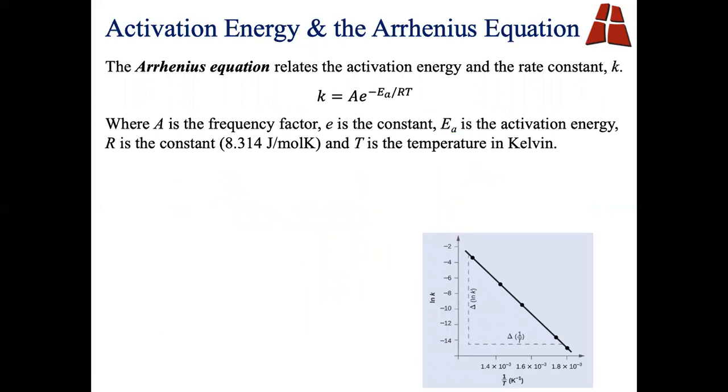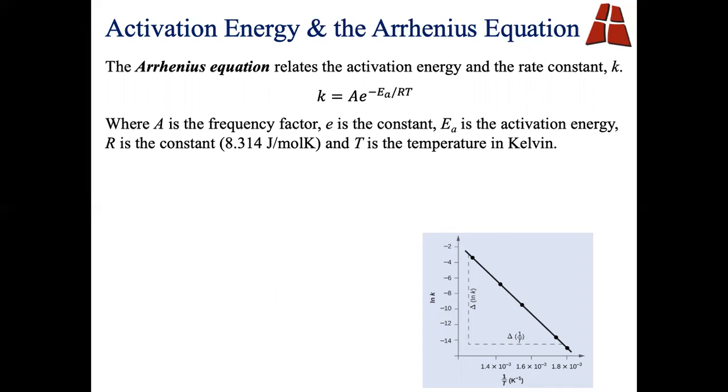In classic Gen Chem 2 fashion, we talk about our activation energy and of course want to find a way to quantify that. We can do that using an equation called the Arrhenius equation, which provides more quantitative backing for what our rate constant k actually comes from in a molecular sense.